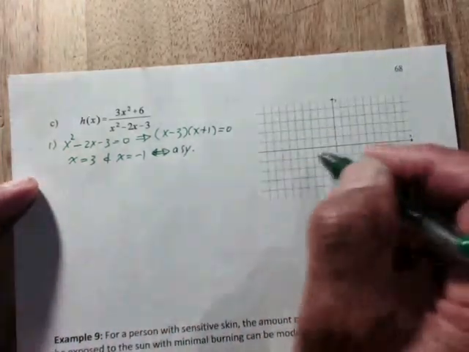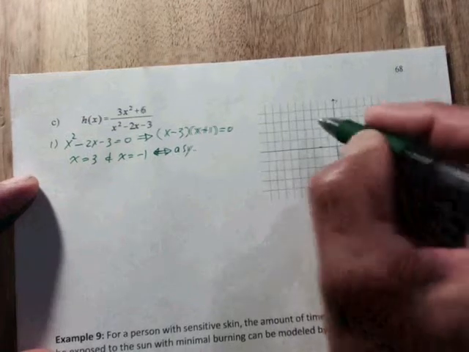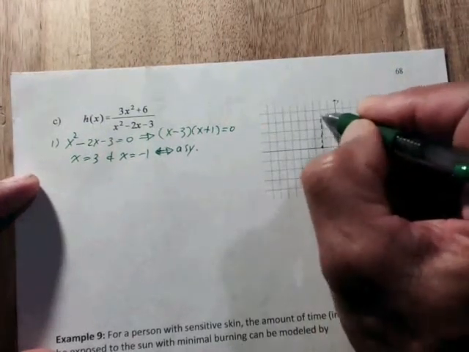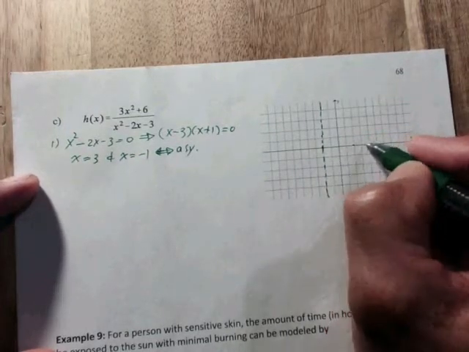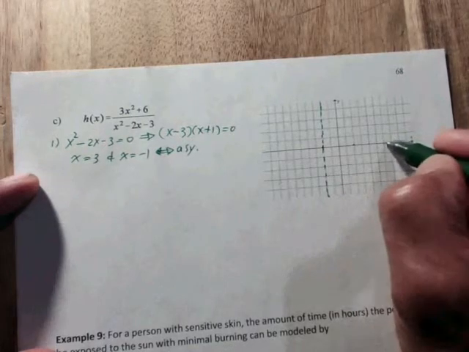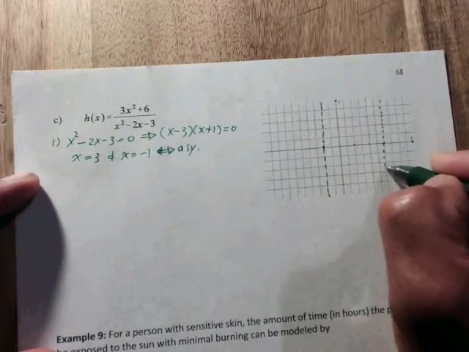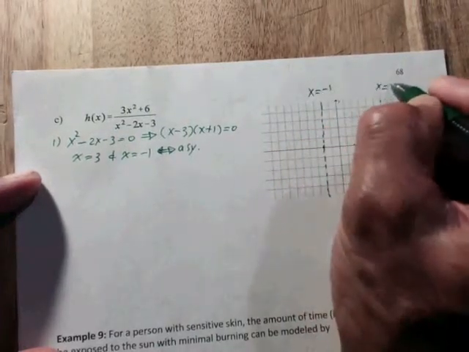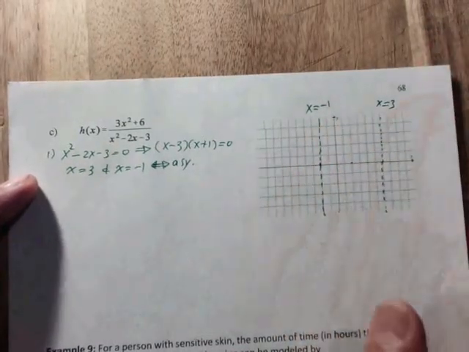Here we go. x equal to minus 1. These are the vertical asymptotes. So you have three regions, so you expect three pieces of graph.